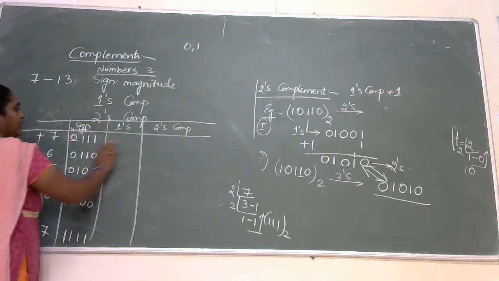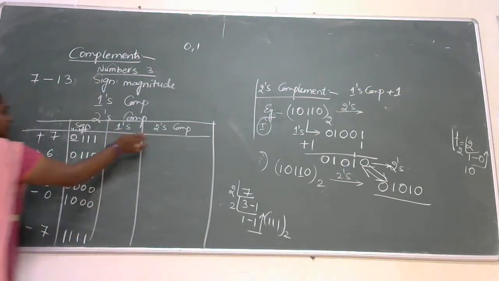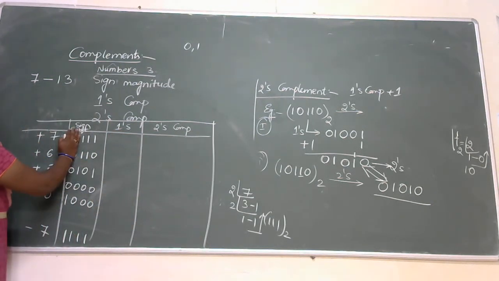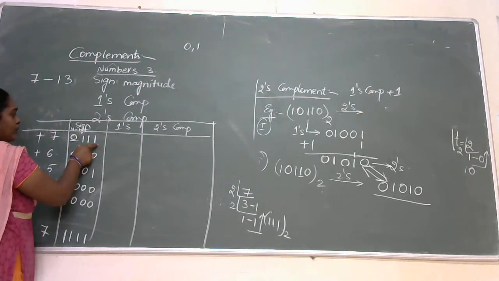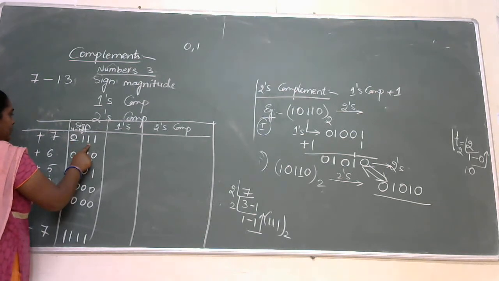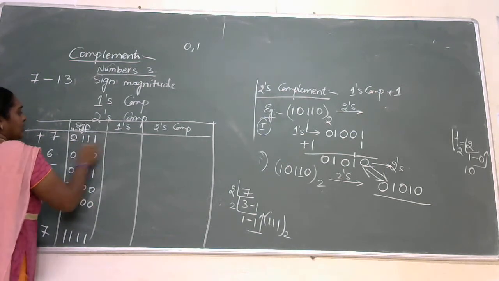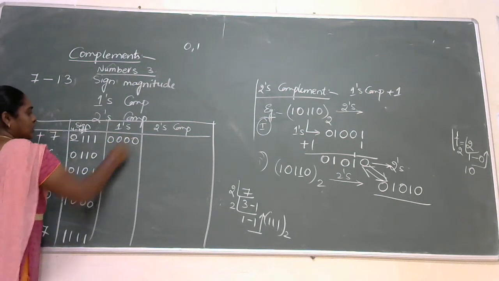Similarly, we are going to consider the same thing for 1's complement and 2's complement. But whenever we are performing 1's and 2's complement, you should not touch anything related to the sign bit. You need to just observe the magnitude bits. As we have discussed, the 1's complement replaces 0 with 1 and 1 with 0. So the 1's complement for plus 7: I keep the sign bit as it is, but the magnitude should be all zeros.